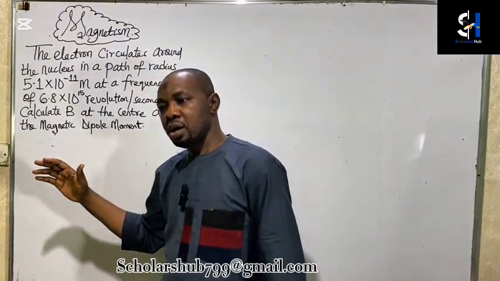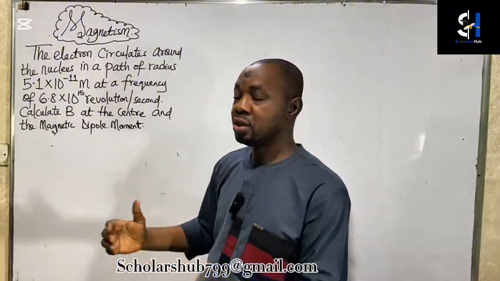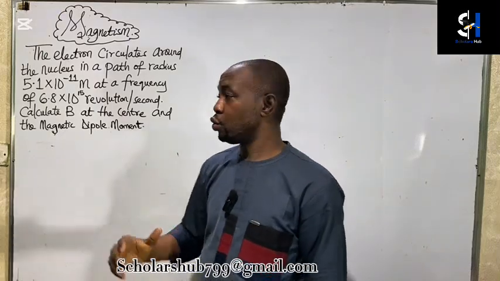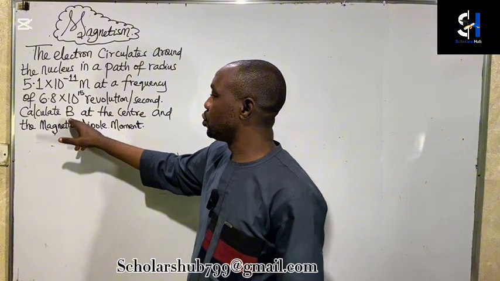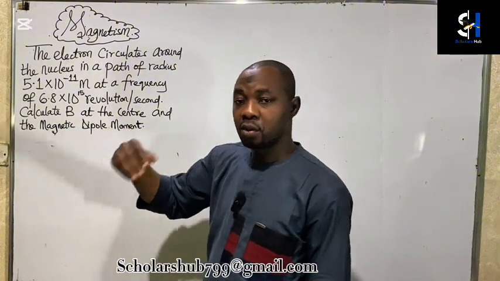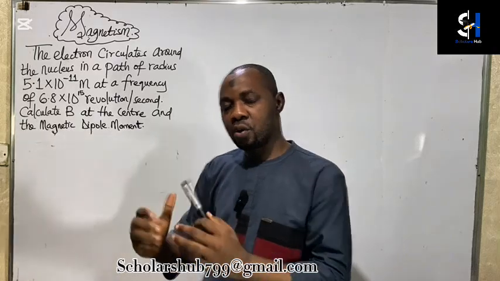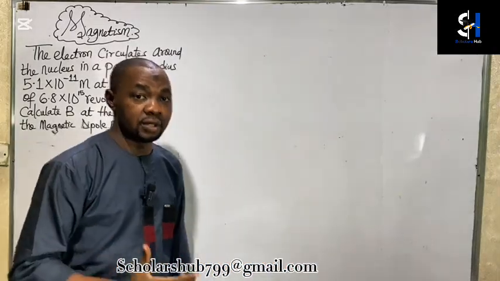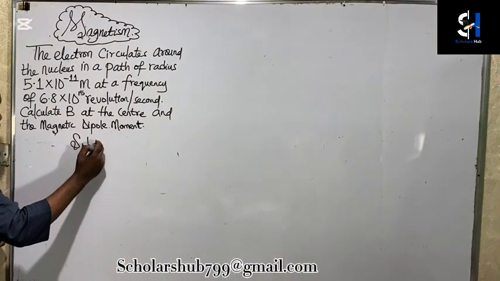This video is not meant to take much of our time, but because of the proof, it is important we see why the magnetic field of a circular coil is different from that of a straight wire or straight conductor carrying current. So now, let's have our solution.